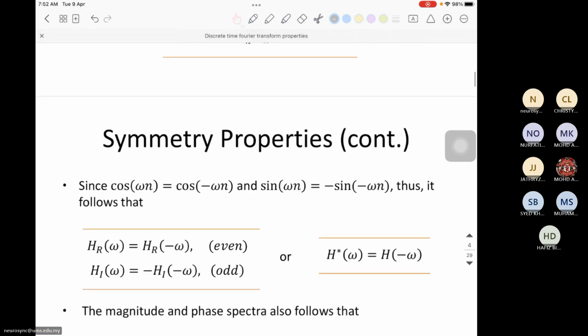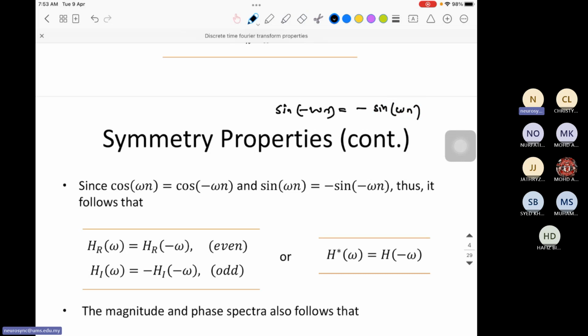Now we know that cos of omega n is equal to cos of minus omega n. But in case of sine, sine of minus omega n is nothing but minus sine of omega n.